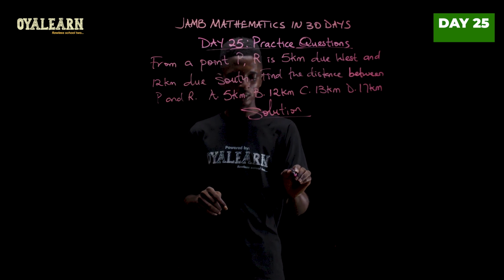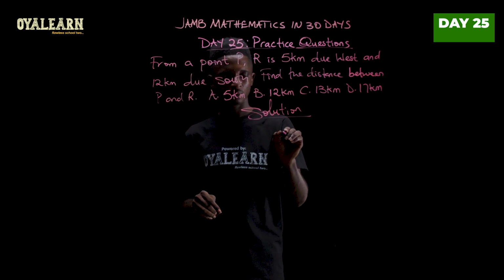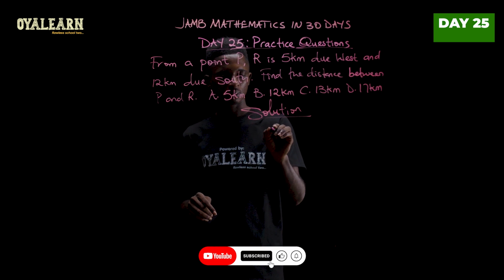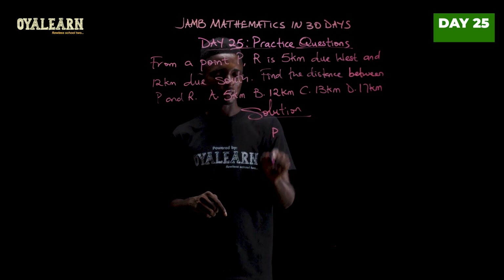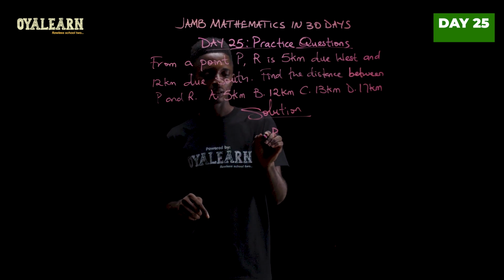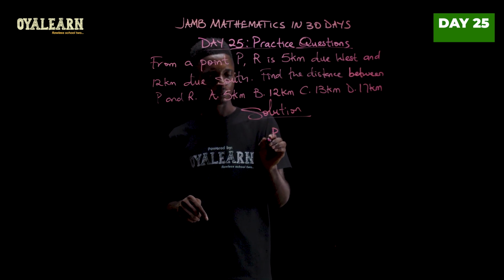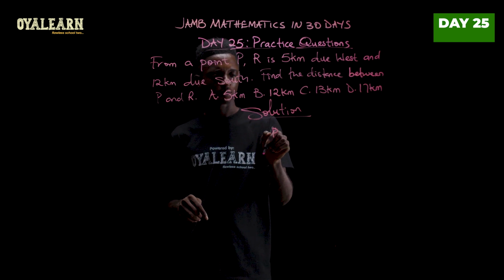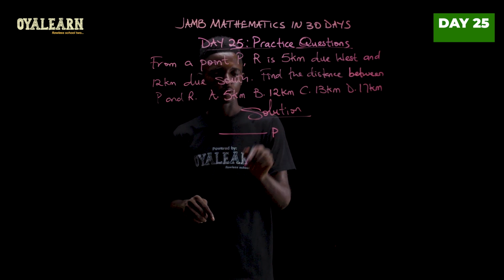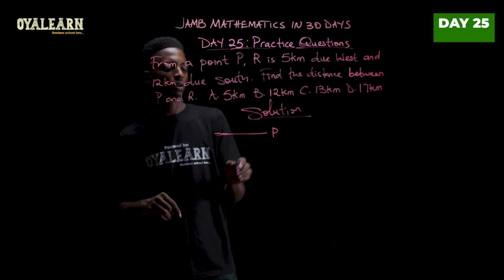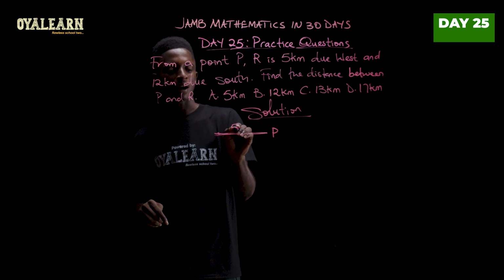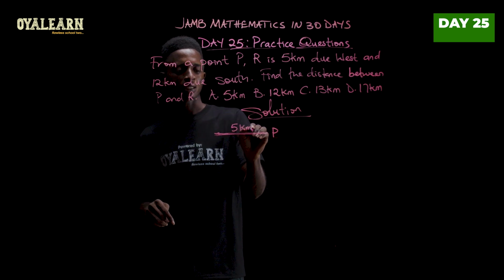So if this is point P, this is south, this is west. So due west, we have 5 kilometers.